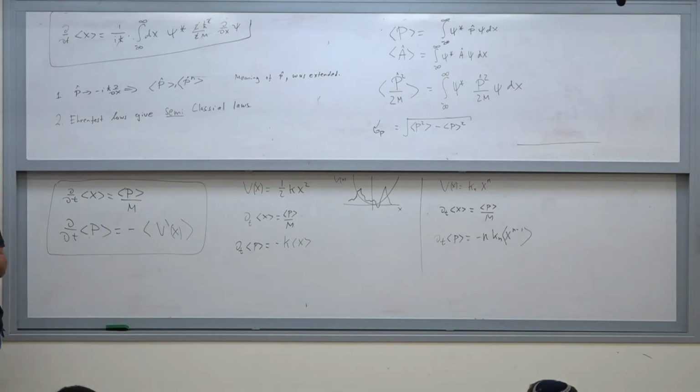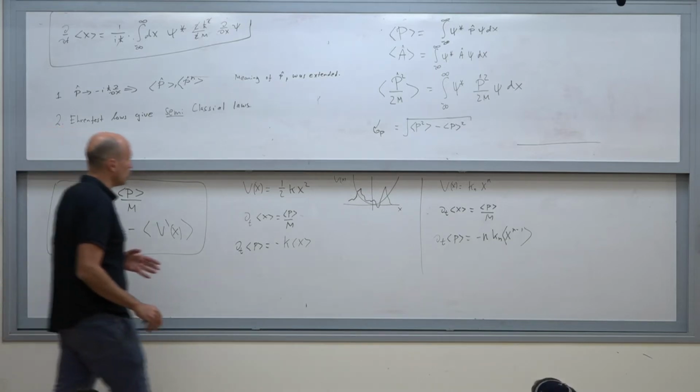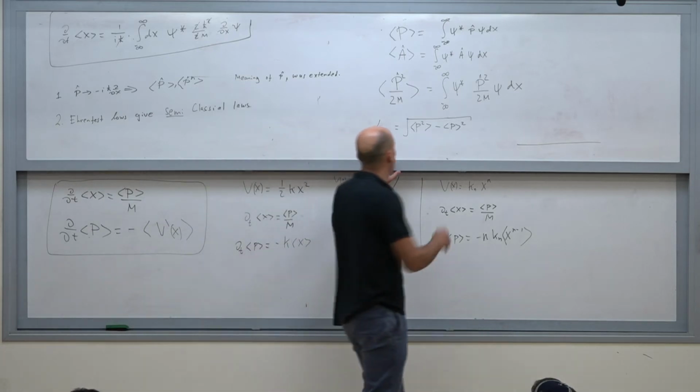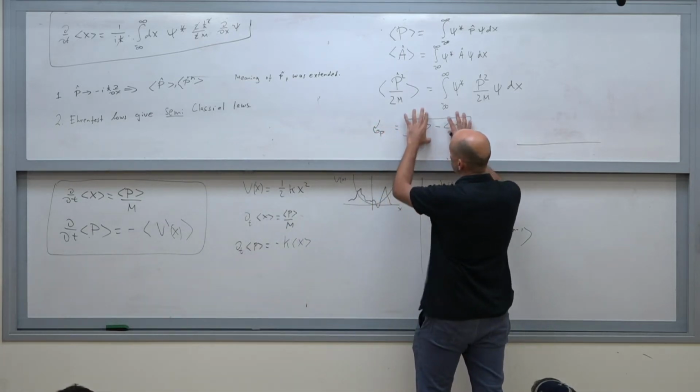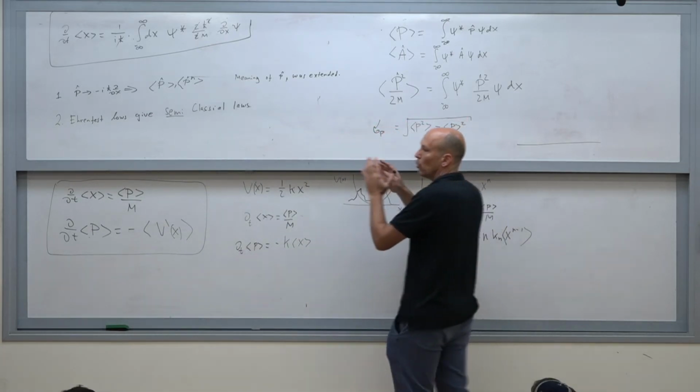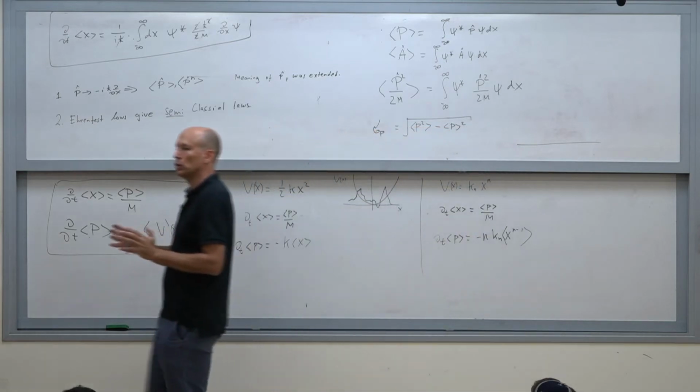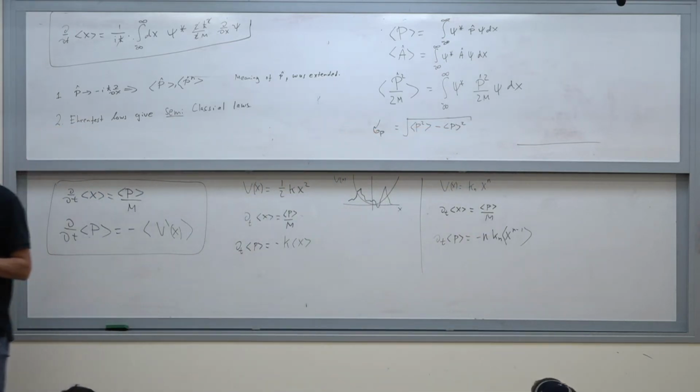This depends on the system, but the deeper answer is what I said before. It depends on what you measure. What you would like to show is some quantity like this. Is it small or is it big compared to the resolution of your measurement device? And then we will need to calculate this and see how it depends on different things like initial conditions, like mass, like h bar.